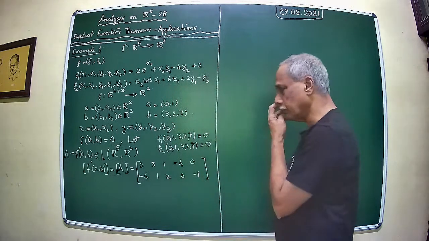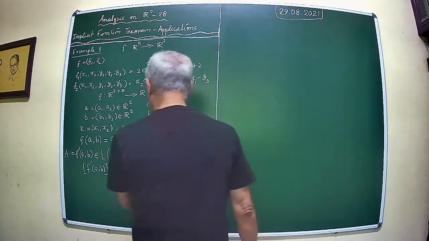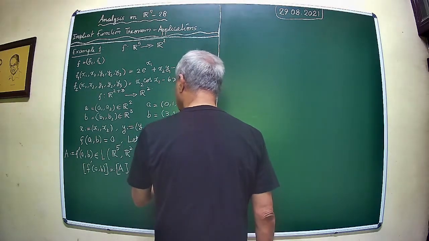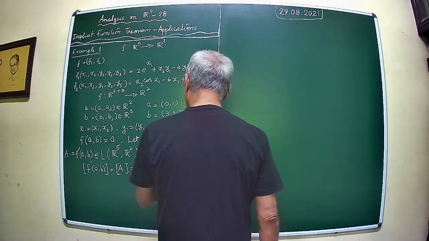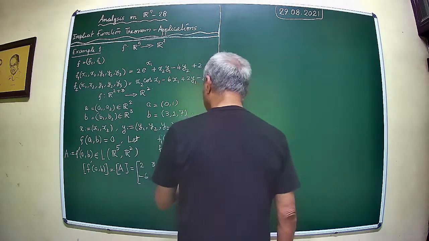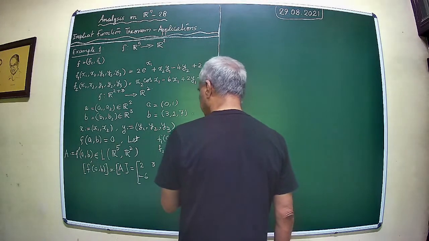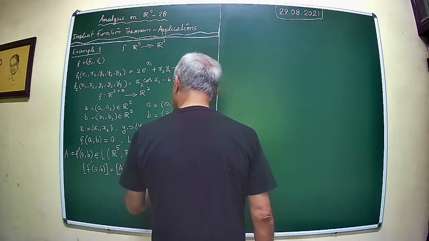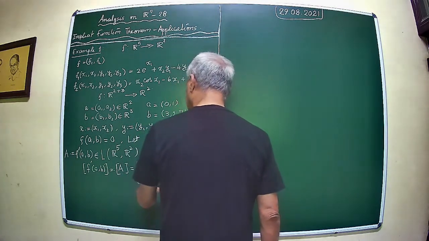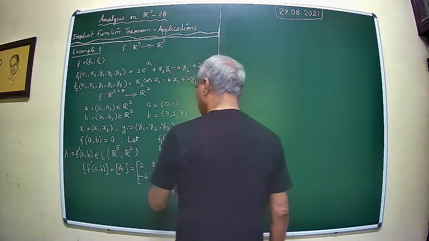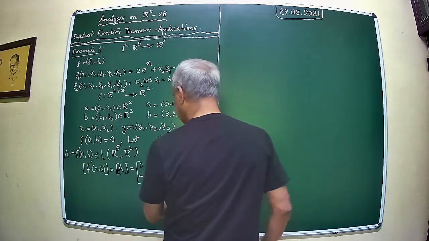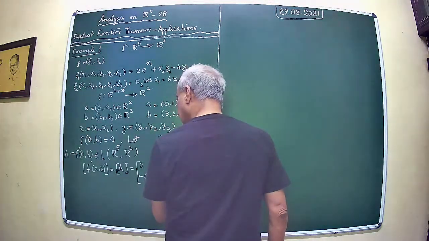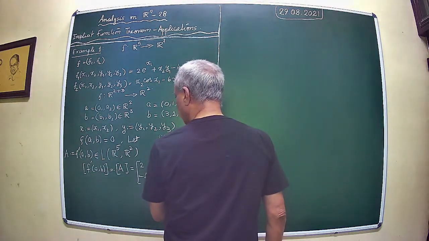Now this comes from the following. That is, you have df1 by dx1, df1 by dx2, df1 by dy1, df1 by dy2, df1 by dy3, all evaluated at the point AB. Similarly, df2 by dx1, df2 by dx2, df2 by dy1, df2 by dy2, df2 by dy3, all evaluated at the point AB.